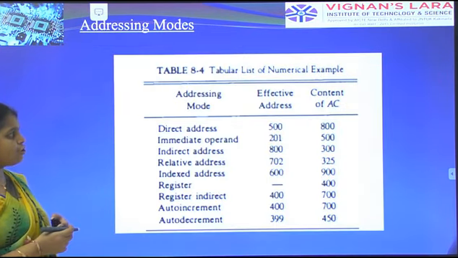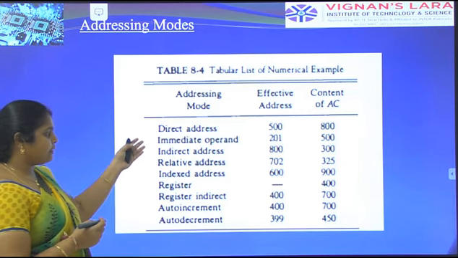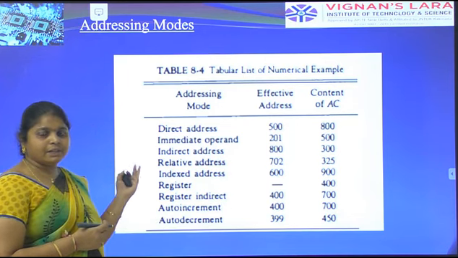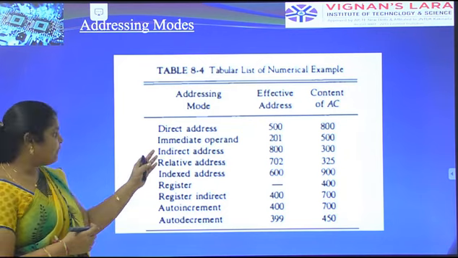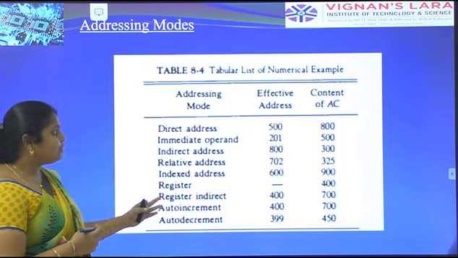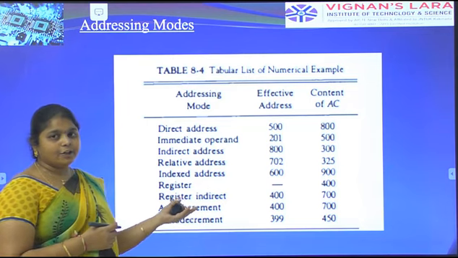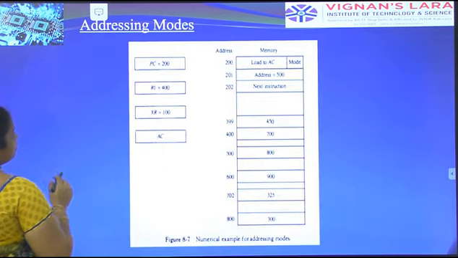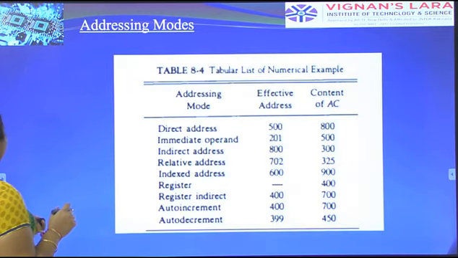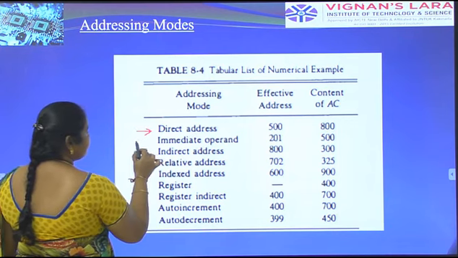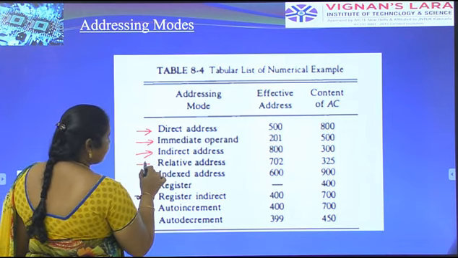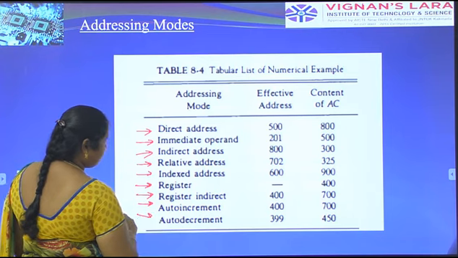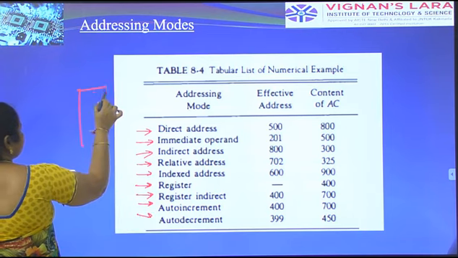This is a tabular list of the numerical example. These are the addressing modes. Next, the effective address and the content of the accumulator. In the previous diagram we saw the address and memory. Likewise, for whichever addressing mode we utilize, we find the effective address and the content of the accumulator. For example, direct address, immediate address, indirect, relative, indexed, register indirect, auto increment and auto decrement.